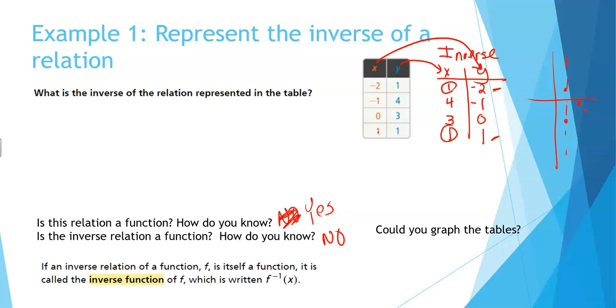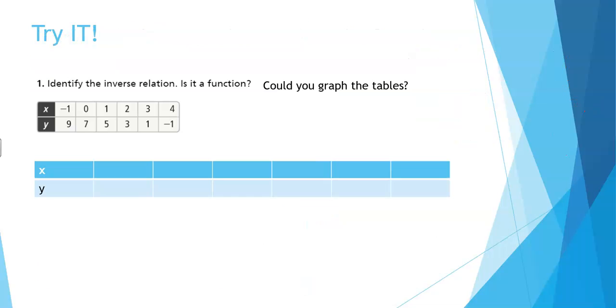So if an inverse relation of a function f is itself a function, it's called the inverse function of f, and it's written like this. So this one is not. We're going to get into some that are. I want you to try it. Write the table of the inverse relation and then determine whether it's a function or not.